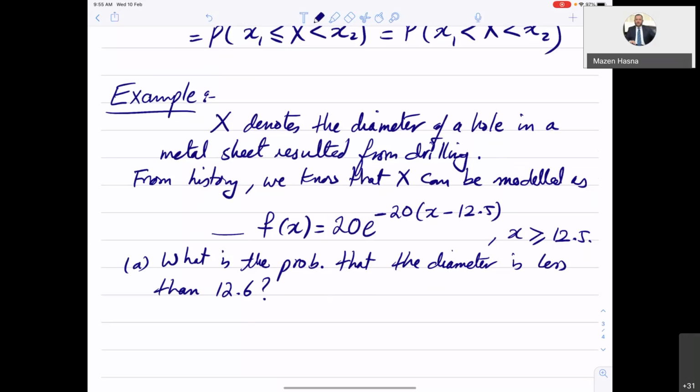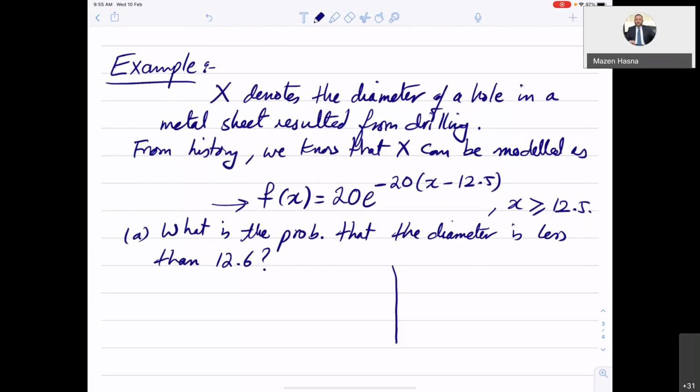So if you plot this function, this is x, this is f of x. We know that x is greater than or equal to 12.5, so it starts at 12.5. What's the value at 12.5? If you substitute x with 12.5, it is 20 e to the minus 20 times 0, so e to the 0 is 1, so it starts from 20.